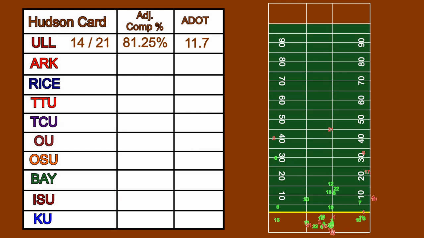And what you're gonna see over here on this spray chart, the yellow line represents the line of scrimmage. So he's not throwing from the end zone. That's behind the line of scrimmage. That's from the pocket. A good example is this one right here.